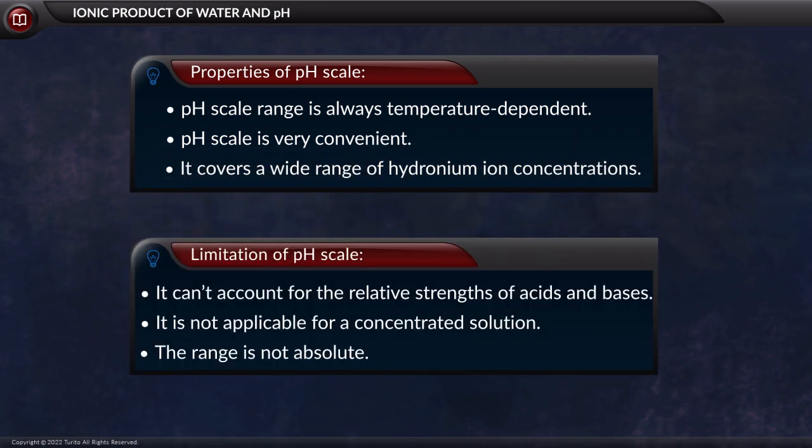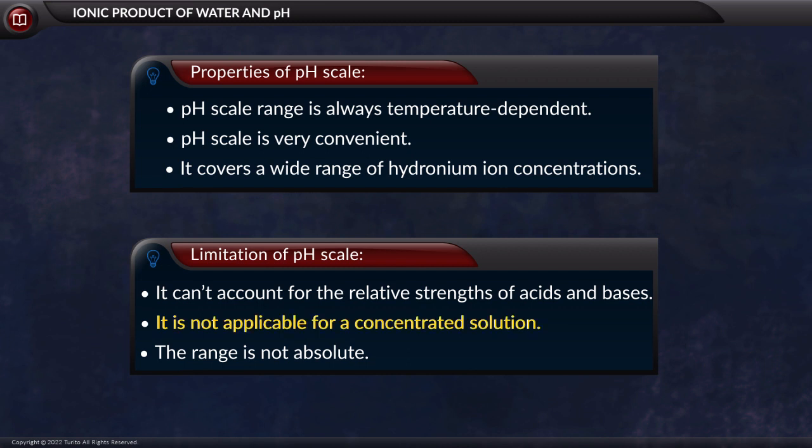The next thing to discuss in this module is the limitation of pH scale. First one is, it can't account for the relative strengths of acids and bases, especially when the pH value is the same. It is not applicable for a concentrated solution.